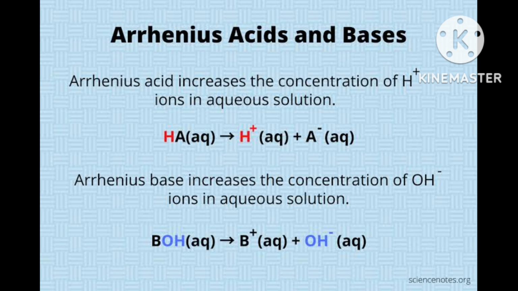Here there is no concept of OH, no question of OH. Both are related to H. The substance which donates H plus is the acid, and the other substance which accepts H plus ion is called the base. According to the Brønsted-Lowry concept, only H functions as acid as well as base.